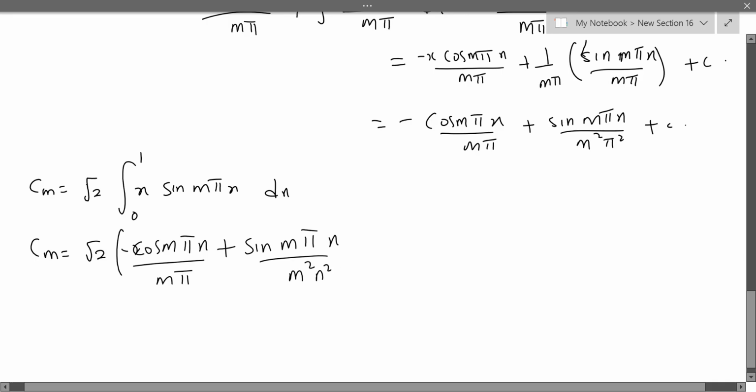That is what we got. So now we just add the limit, from 0 to 1.